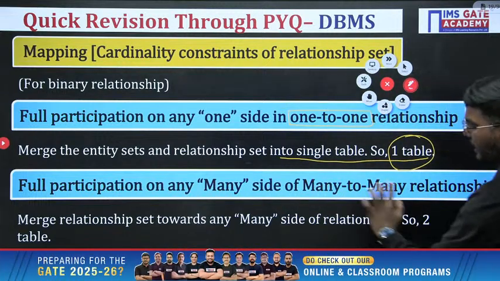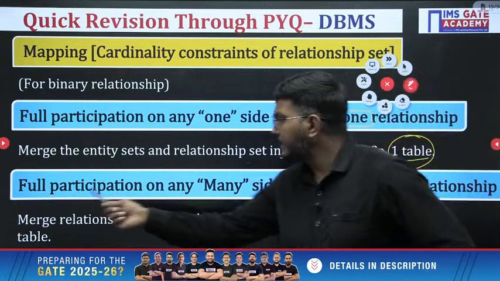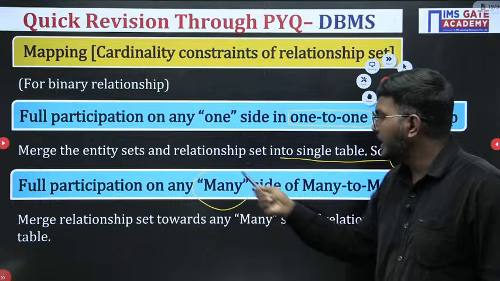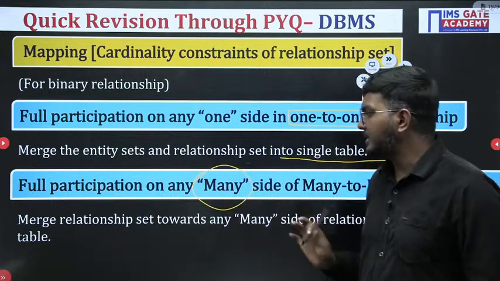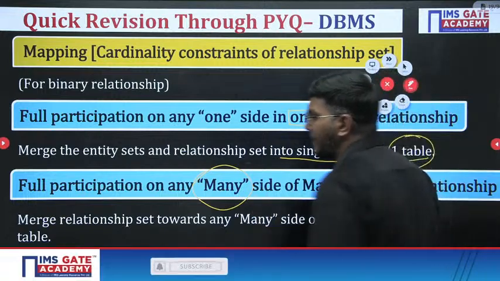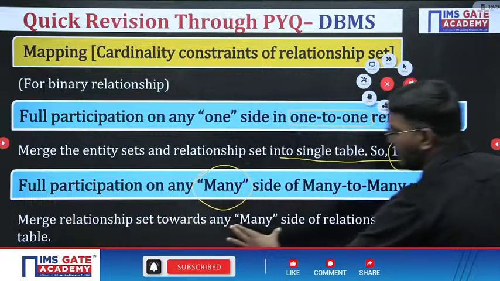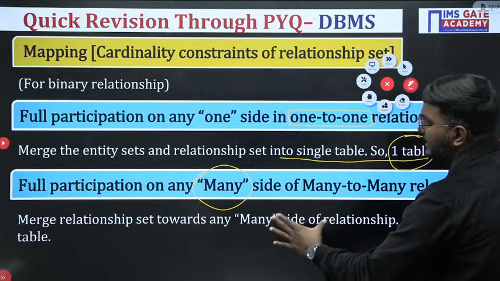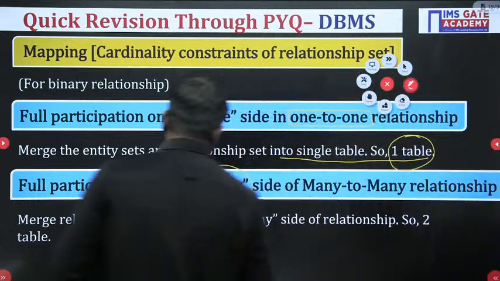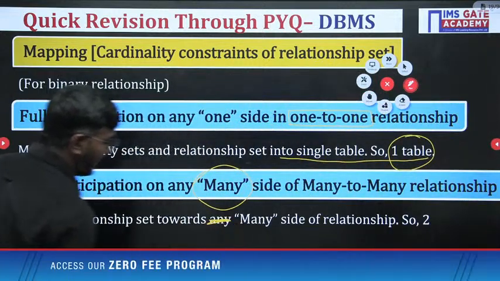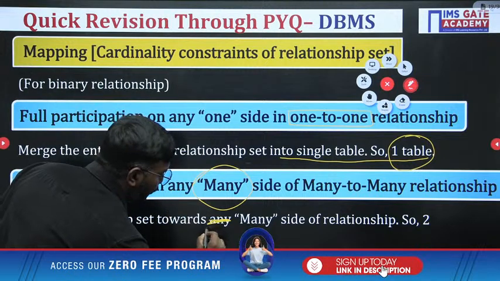If the mapping is many to many and there are full participations on any many side, in that case our relationship set merges towards the side having the total participation.